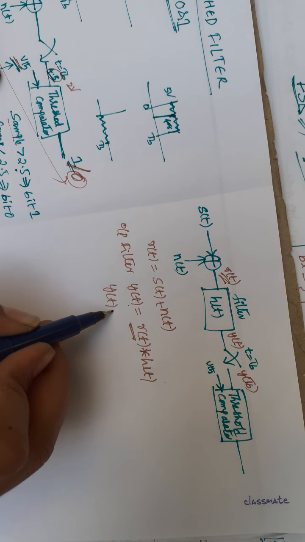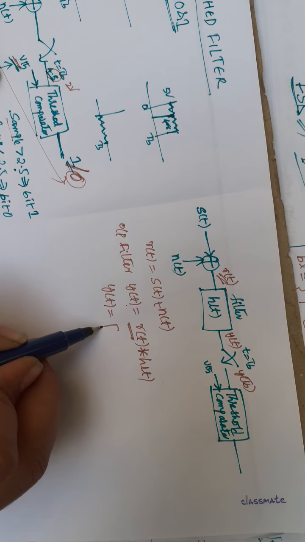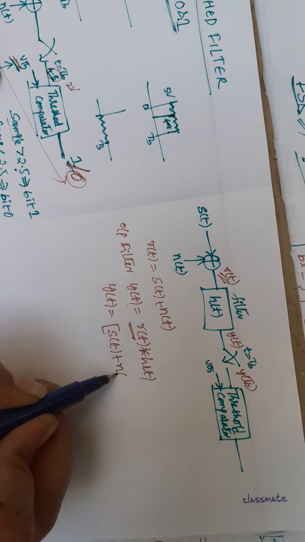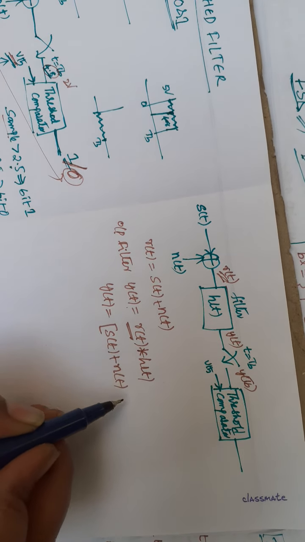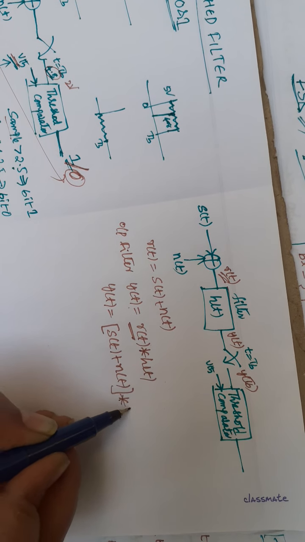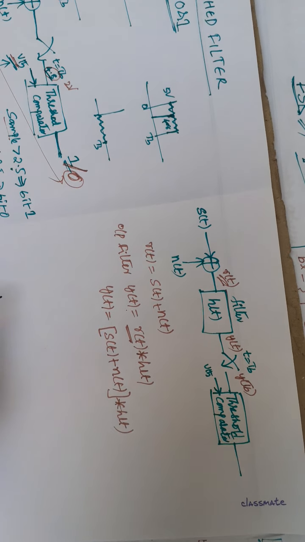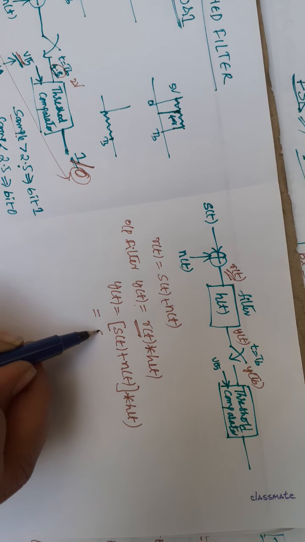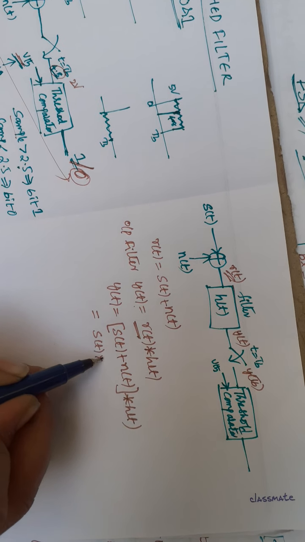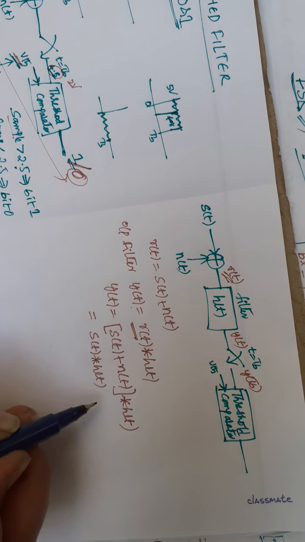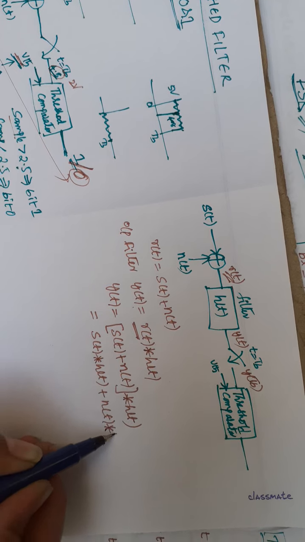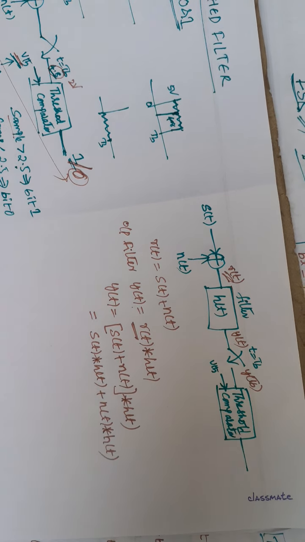Y of t is equal to R of t, which is S of t plus noisy signal N of t, convolved with H of t, right? Now I want to separate this one: S of t convolved with H of t plus the noisy signal also convolved with H of t.